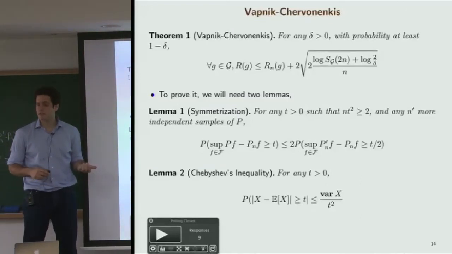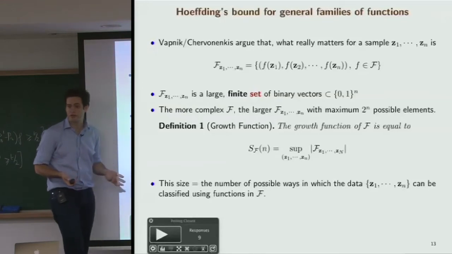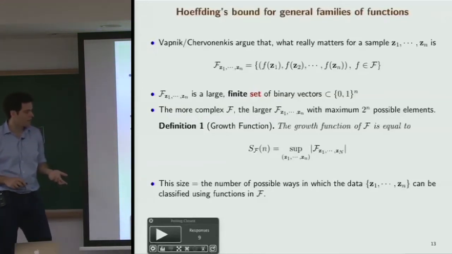But the problem is actually how do you compute this growth function? This growth function is very difficult to compute. It's the supremum over all possible observations of the number of ways you can classify data using the function class that you're considering.